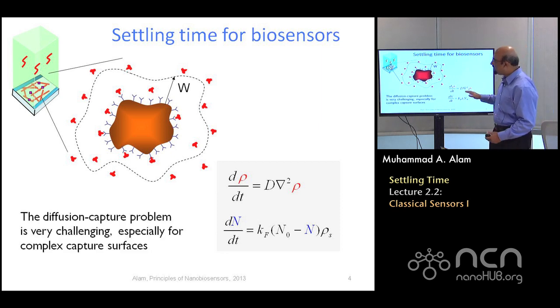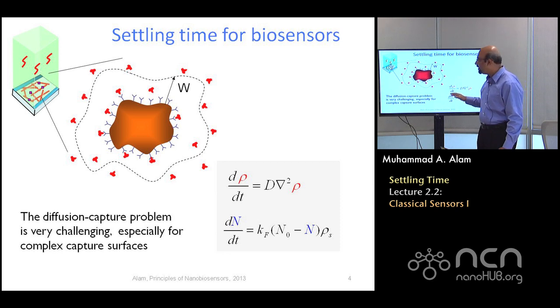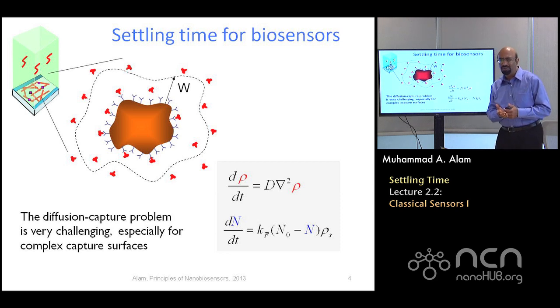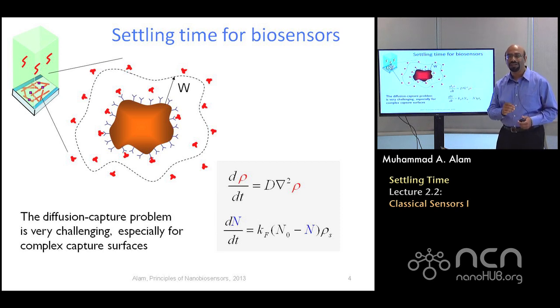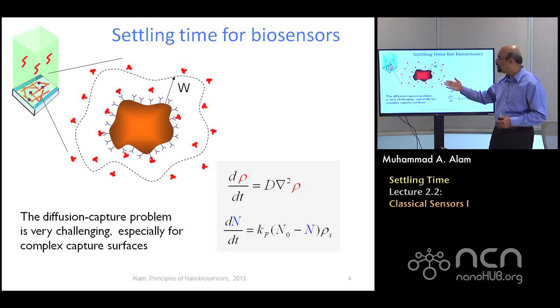So this is a general diffusion capture problem. You can see this has nothing to do so much with sensors per se, but it's a completely general problem. It could be a jellyfish waiting for the food to come to it by diffusion and catching it. It could be a cell where a protein is capturing other proteins from the surroundings. Completely general problem. Sensor just happens to be a particularly good illustrative example for such a diffusion capture problem.